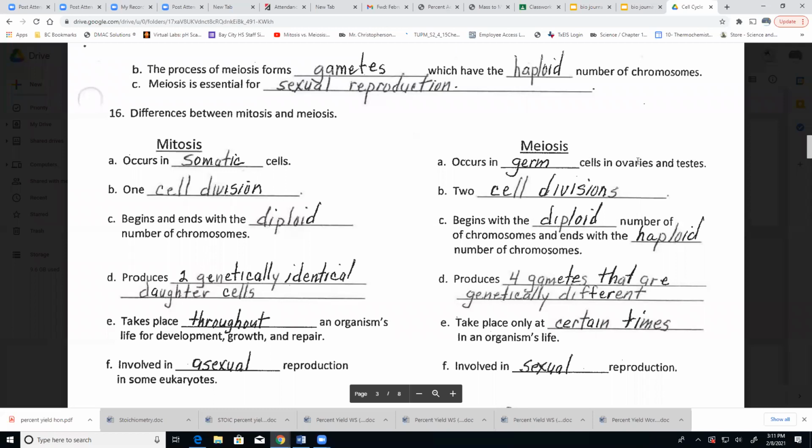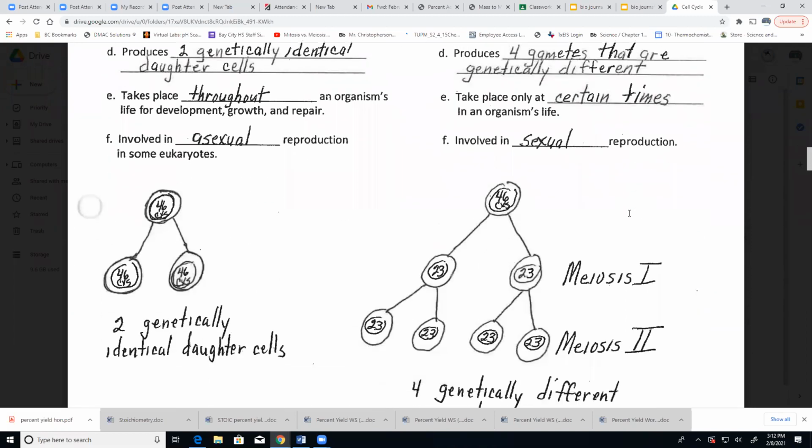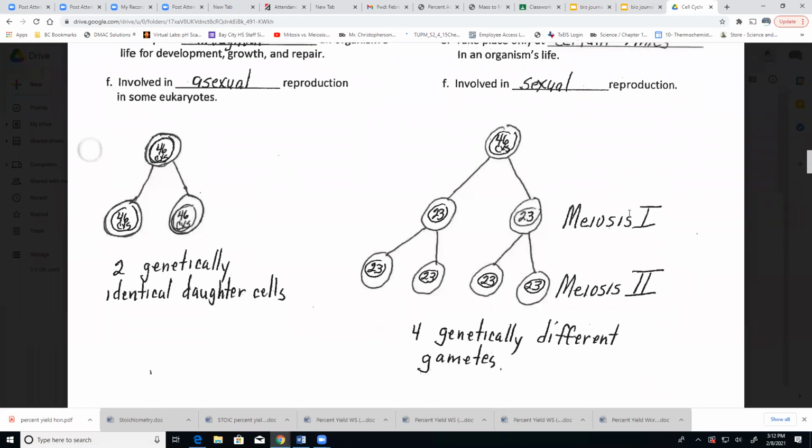We're just doing the notes. There's going to be a drawing there at the bottom, a little rough drawing. And then it just kind of ends with a rough drawing.